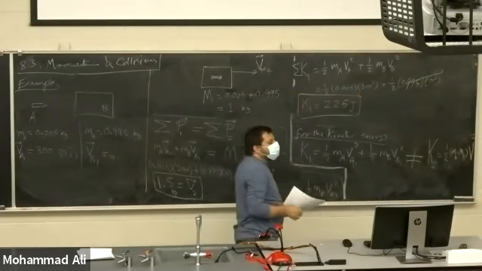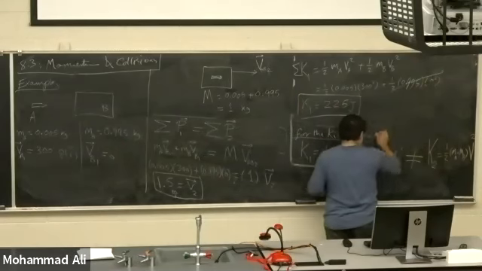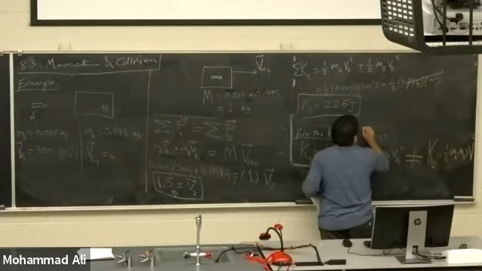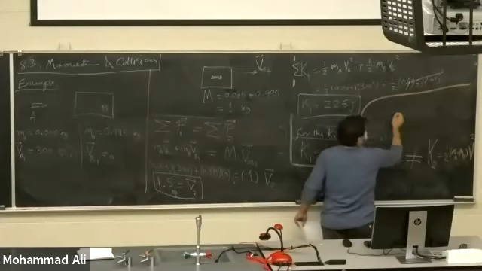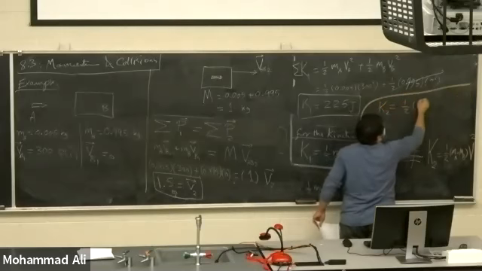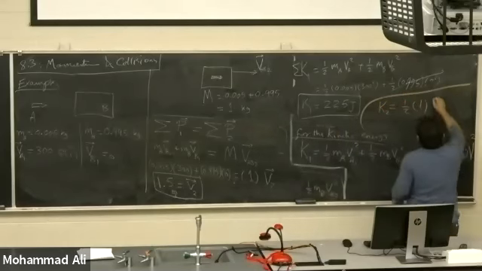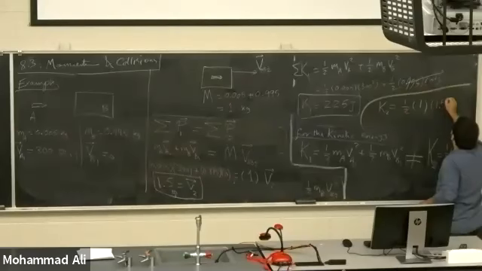How much energy does our system have after the collision? Let us compute it here. Kinetic energy after is equal to 1/2 multiplied by the mass, which is 1 kilogram now, and the velocity squared, 1.5 squared.